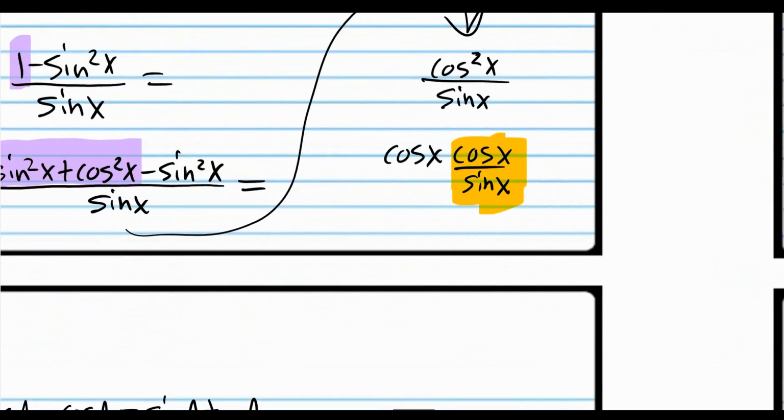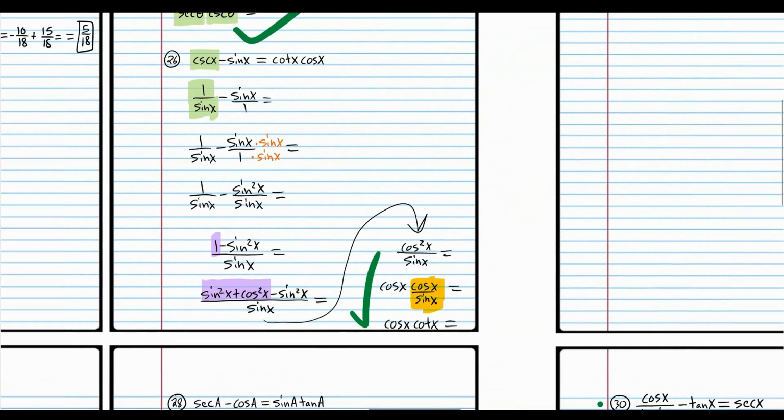So we get cosine x times cotangent x, and we did it. I'm going to put a check mark. The only difference is the order, but again, that's not really a big deal because of the commutative property of multiplication.